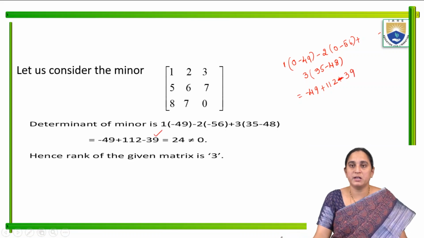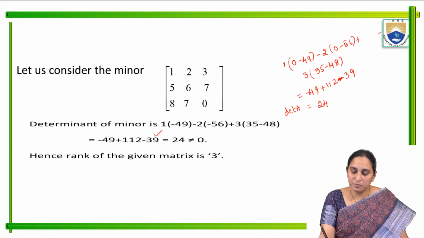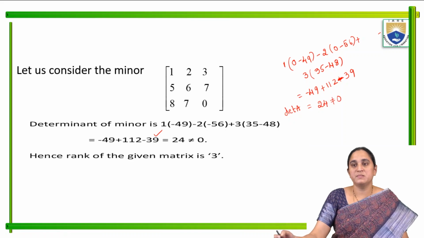After adding these three, that is equal to what? 24. Therefore, det A for the minor of order 3 is equal to 0.